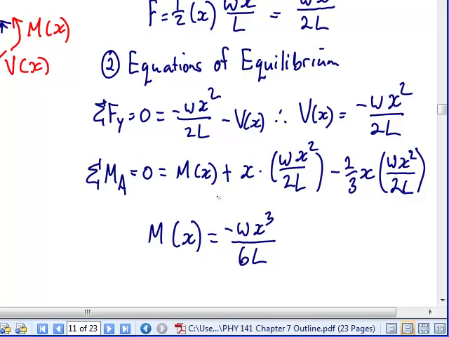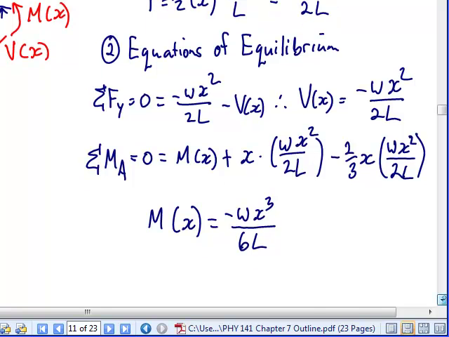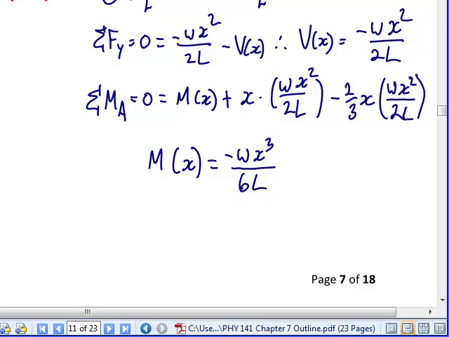Where's the maximum bending moment going to occur? Where is this function going to be maximum? When x is L. Yeah. Where's the shear force going to be maximum? When x is L as well.